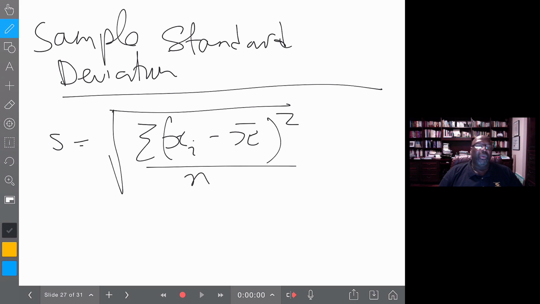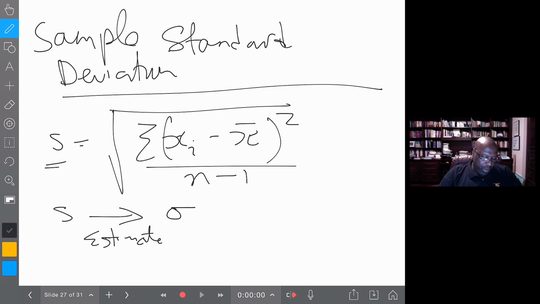And this is what you call an unbiased estimator. We won't get into the philosophy behind it right now, but this is an unbiased estimator of the population standard deviation. So because this is the sample standard deviation, S is an estimate of sigma. You may recall what I said, that sample values are always estimates of population values.